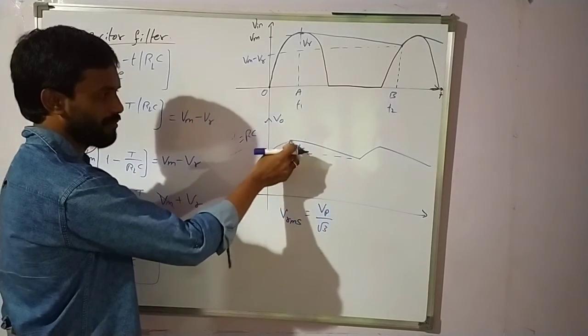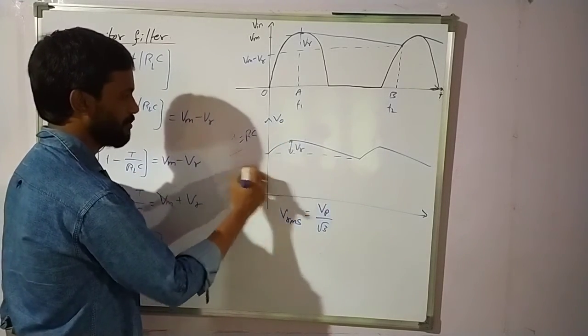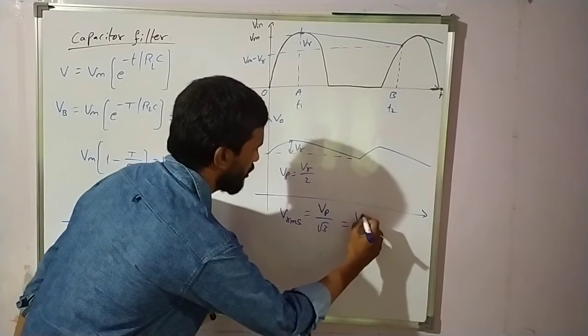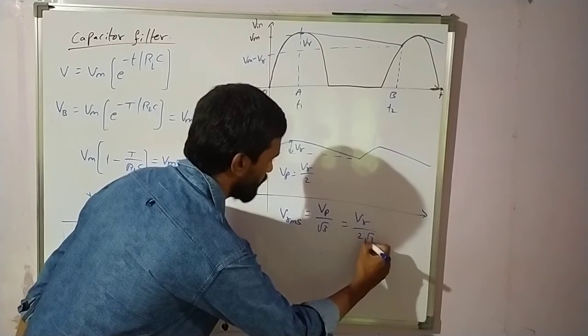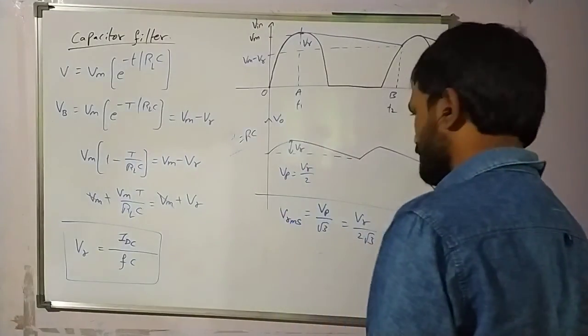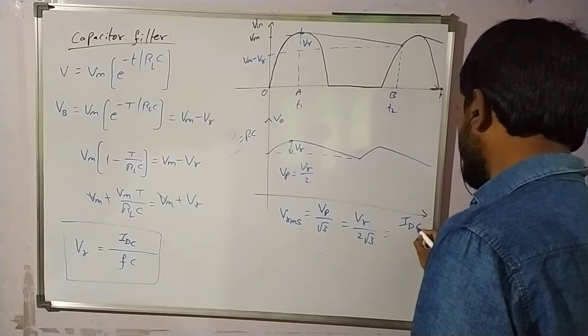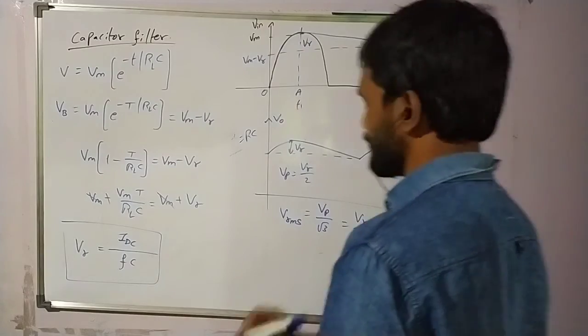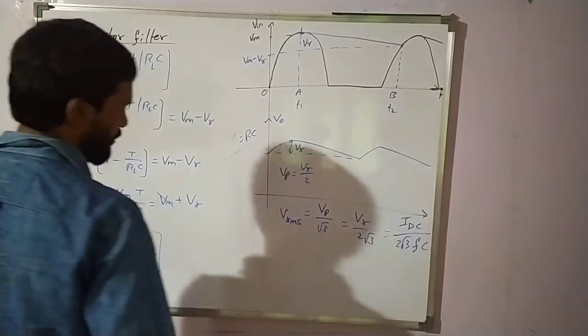The peak to peak is VR, so the peak value is VR by 2. So I can say VR by 2 root 3. Substituting VR, this is IDC by 2 root 3 FC. This is Vrms.